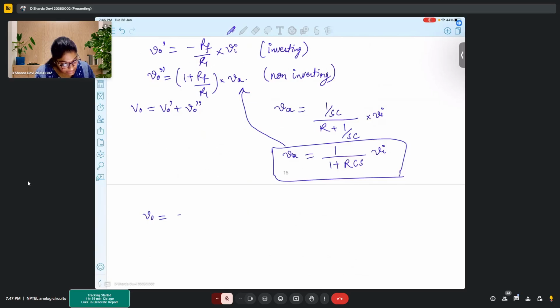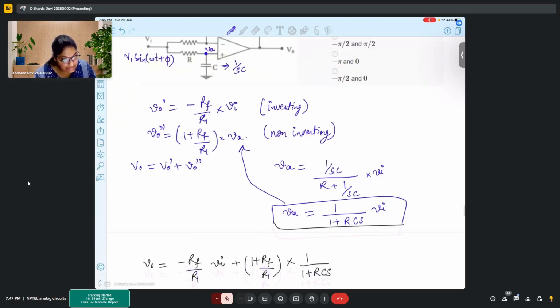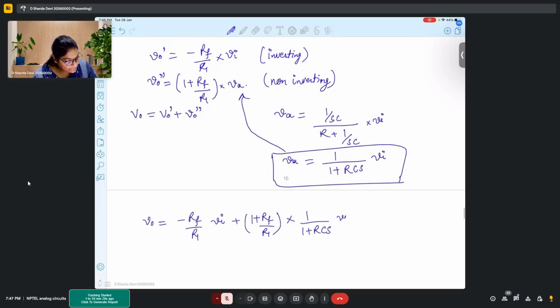V naught is minus RF upon R1 Vi plus (1 plus RF upon R1) into 1 upon (1 plus RCS) Vi.